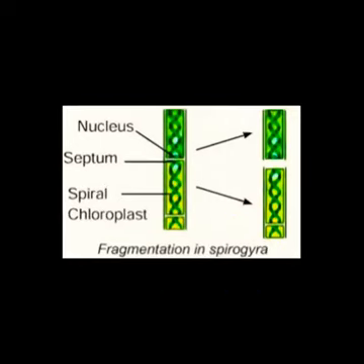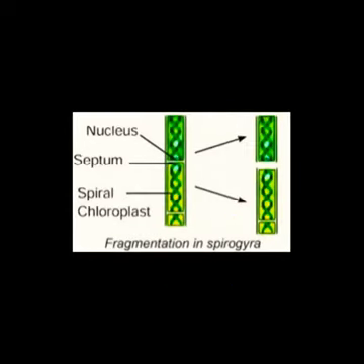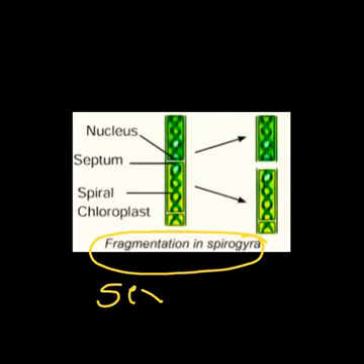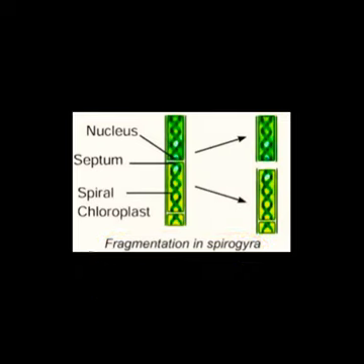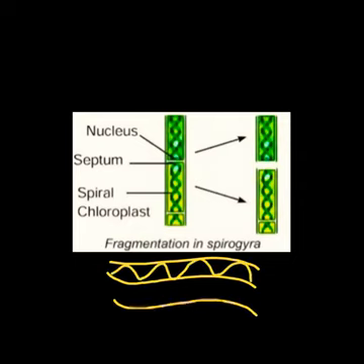Now the Spirogyra, children, also reproduces sexually. ऐसा नहीं है कि Spirogyra सिर्फ asexual reproduction ही करता है. It also reproduces sexually. How? Say for example, here is one filament of the Spirogyra, and here is another Spirogyra.